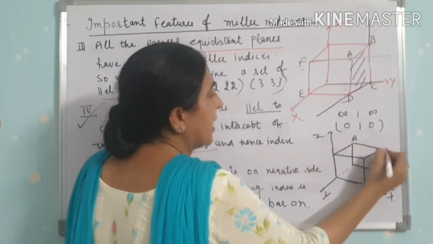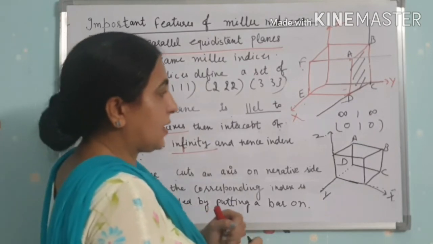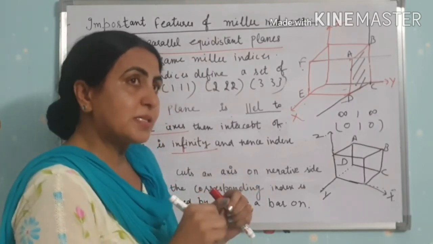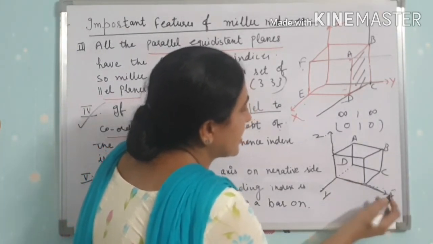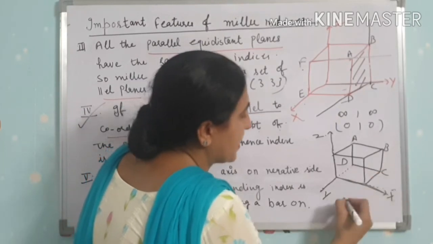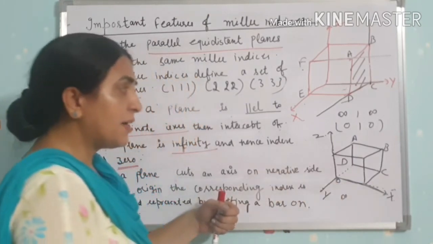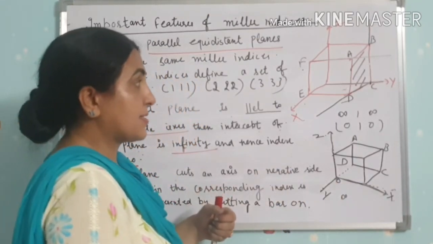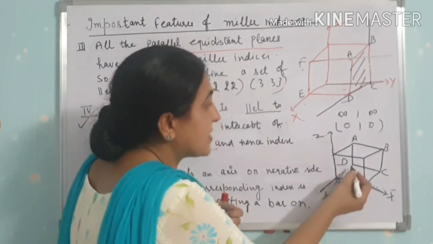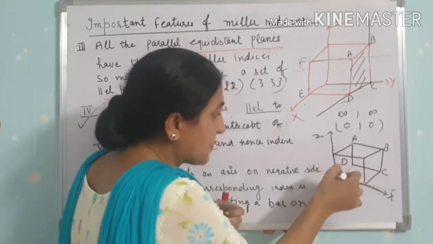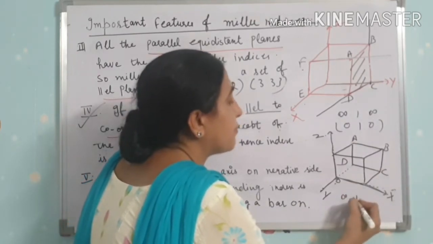And if we take this plane A, B, C, D. Now what about the intercepts made by this plane on the coordinate axes? Along the x-axis, this is parallel to the x-axis, so the intercept is infinity. Along the y-axis, it cuts the y-axis. If this is the origin, then its intercept along this y-axis is on the negative side, so we take it as minus 1.